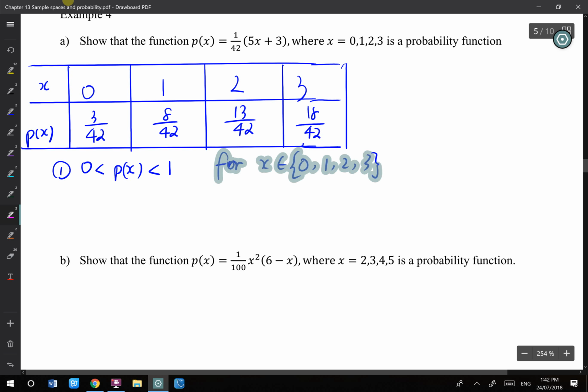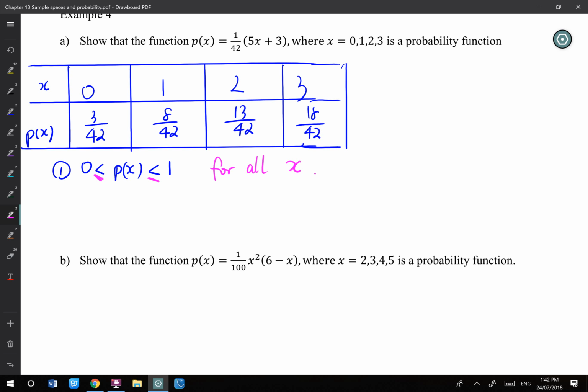So another, better way we can write this is probability of x is in between 0 to 1 for all x. Why do I say for all x? For any x not listed here, for any x which is not 0, 1, 2, and 3, I can say its probability is just 0. To get 0 is fine.